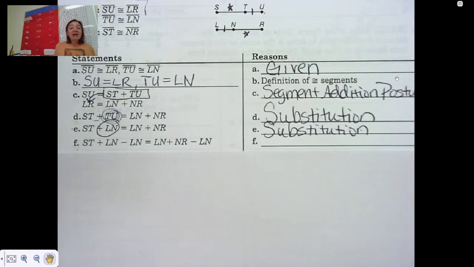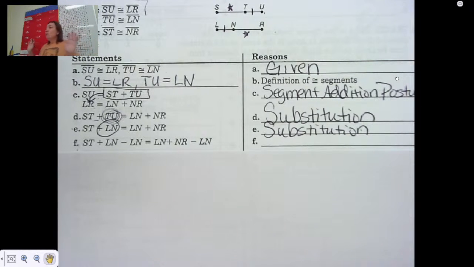Now, our textbook calls this something different than what I would call it. You may remember when you learned algebra, you learned all these properties of equality. Every operation has its own property of equality, and it's what you're doing to both sides. If you add something to both sides, it's called the addition property of equality.